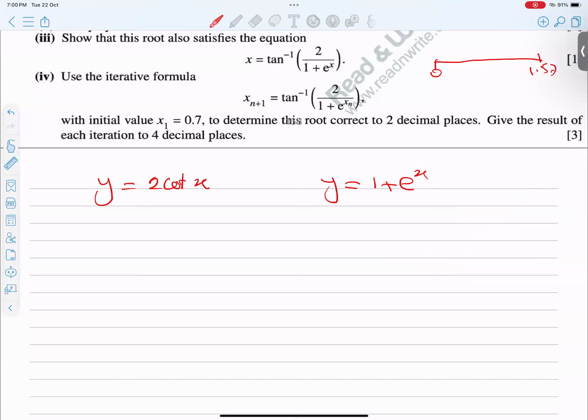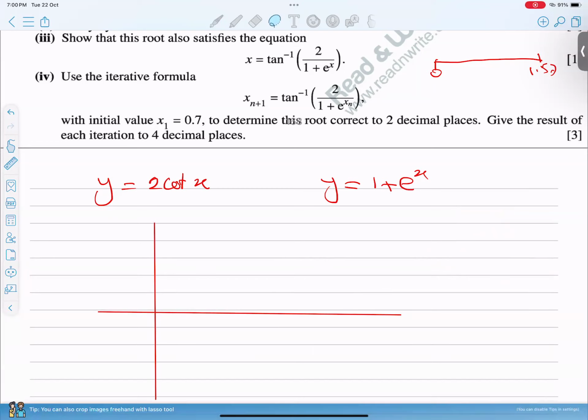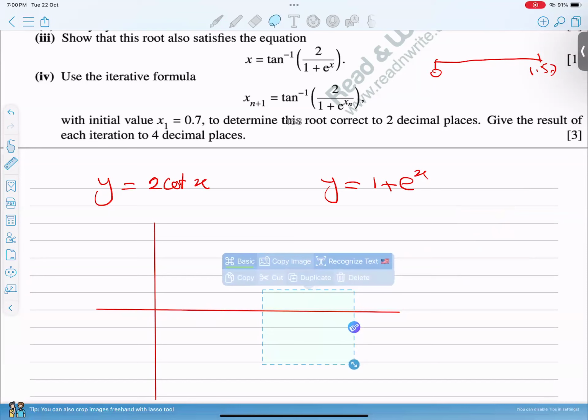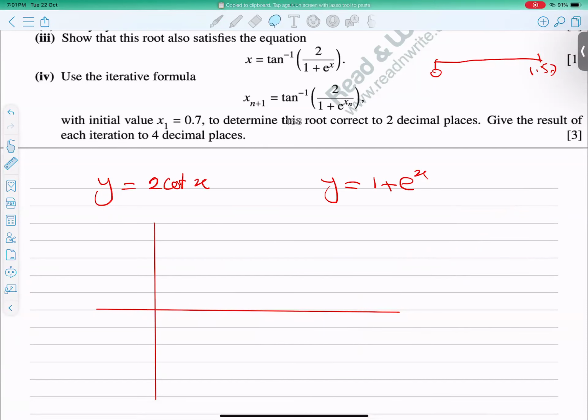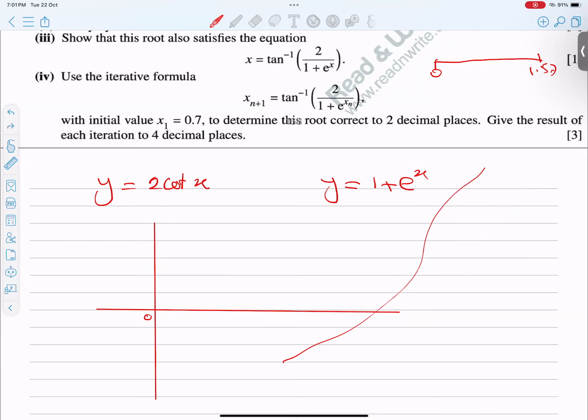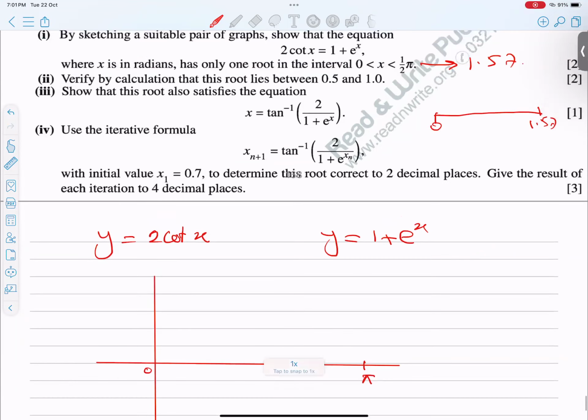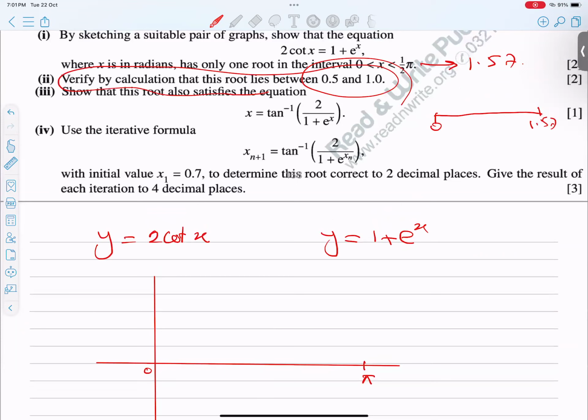So first of all, students, what you will do, you will make a... wait a minute, I show you. Okay, so this line is very clear. Now listen to me. So 0 to pi by 2, so 0 to 1.5, you can see 1.5. And second, you can see the root lies between 0.5 and 1.